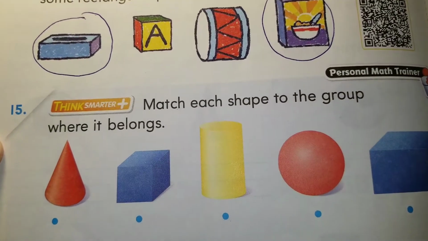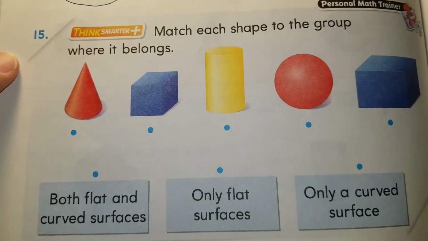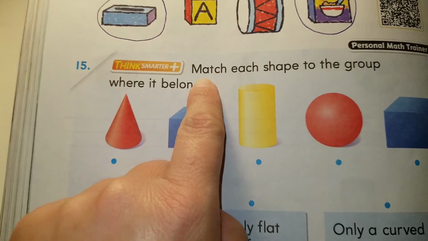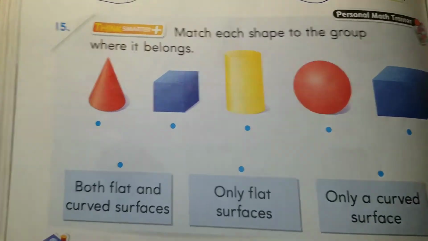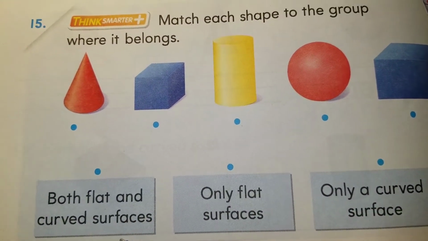All right, for our last question, we are going to match the shapes to their properties, or to their characteristics. It says, match each shape to the group where it belongs. So the first group says both flat and curved surfaces.